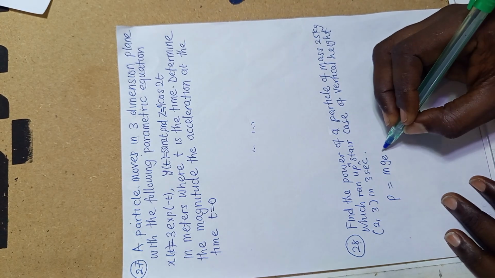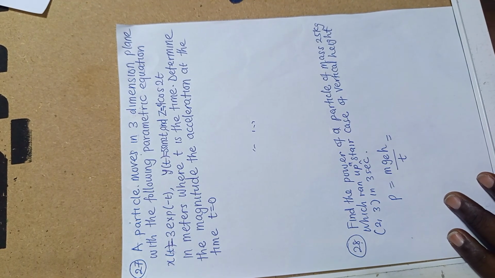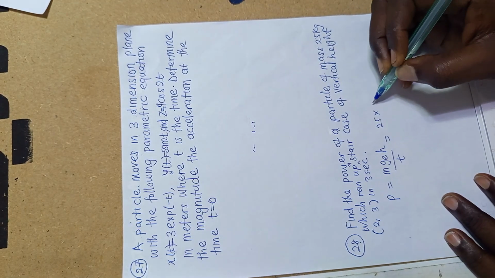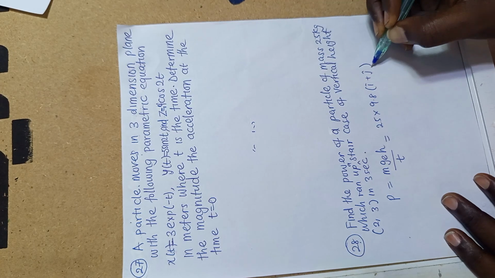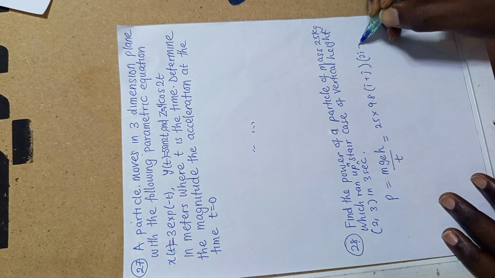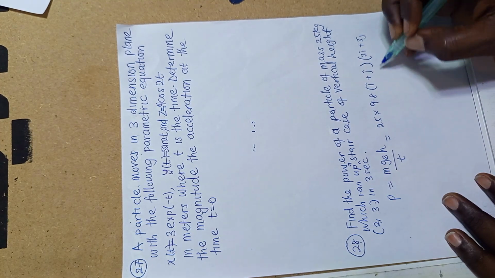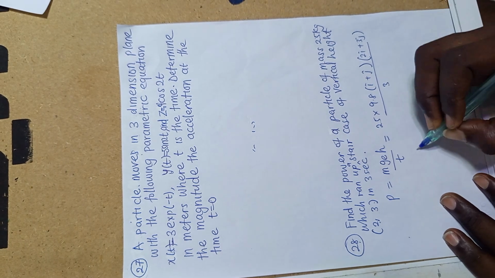So these are what I want to use here over t. Power is mgh over time. They've given you what? 25. They will give you 9.8. i plus j is the unit vector. Then 2i plus 3j is your displacement, because they are x and y coordinates, divided by the time, 3 seconds.